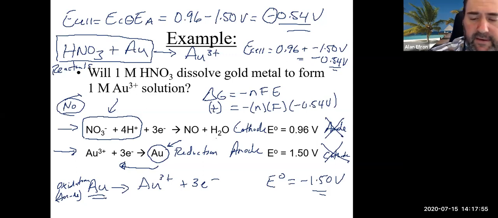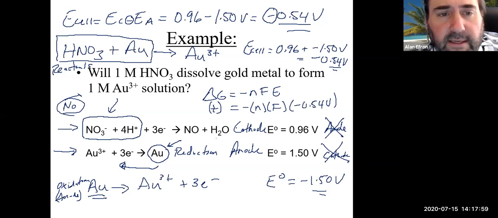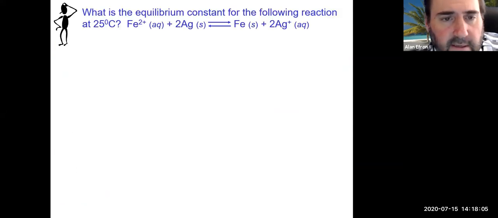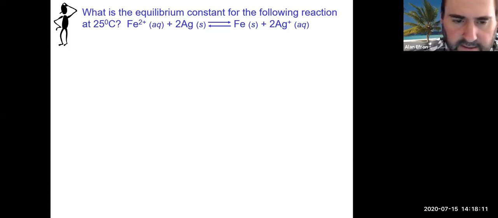Okay, so I think you have another one here. Let me see what you need here. Let me give you some values that will be helpful for you to solve this. We want to know what is the equilibrium constant for the following reaction, the SRP values from the table, which don't seem to be here.